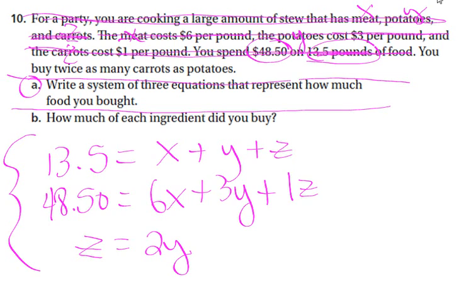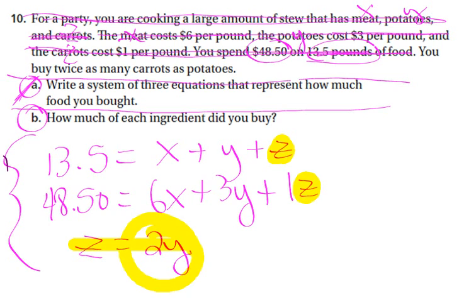So now that we have our equation, we have to go to B. How much of each ingredient did you buy? So we can see that because of our Z equal to 2Y, we're going to substitute 2Y in for Z into both of these equations and get our equations 4 and 5.